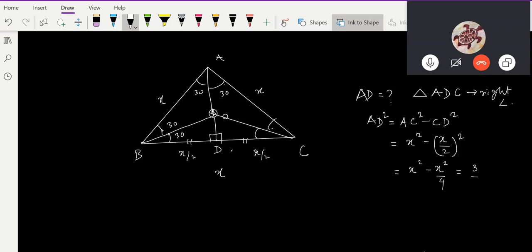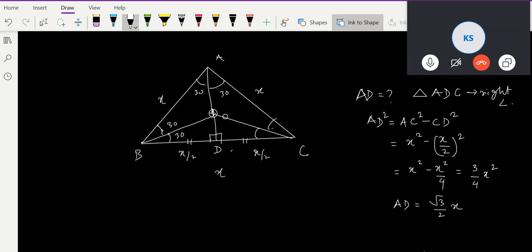That is 3 by 4 x squared. So AD is root 3 by 2 x. Yes, sir. AD is root 3 by 2 x, right? Yes.